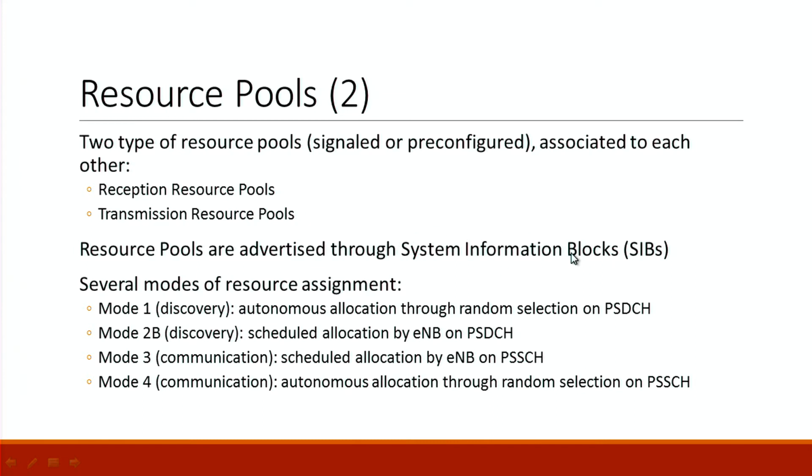What are system information blocks? If you remember, one of the things I told you yesterday is that after you have synchronized to the eNode B, you will first of all detect a block of resources where you have the so-called master information block that tells you what parameters are in use in the cell, which subcarriers are used for uplink and downlink, and so on in that cell.